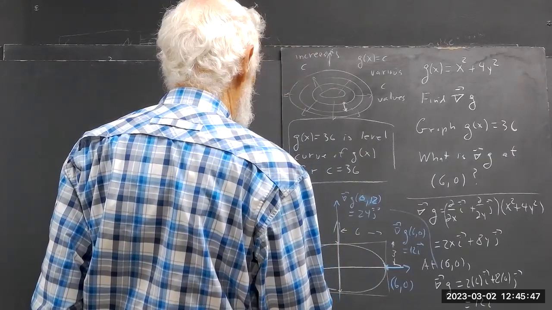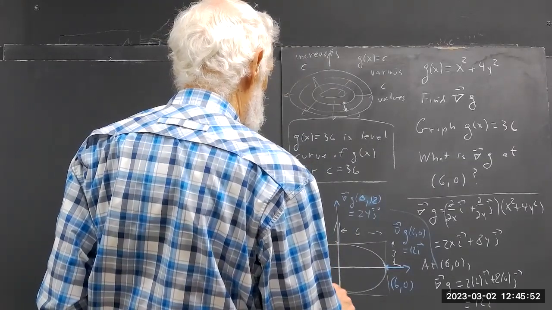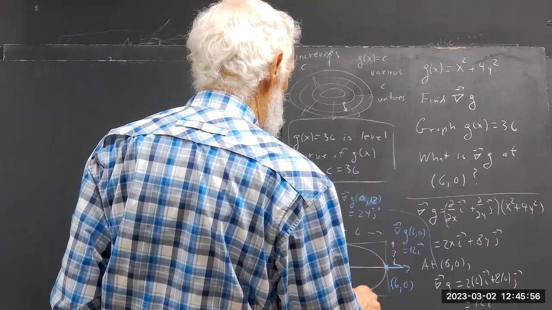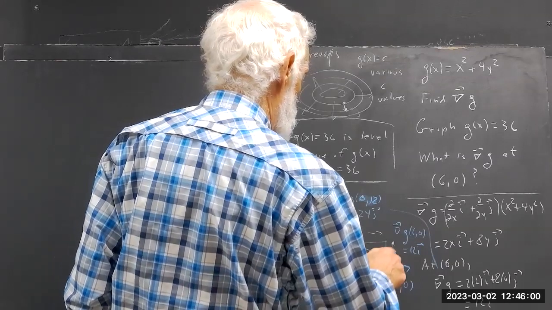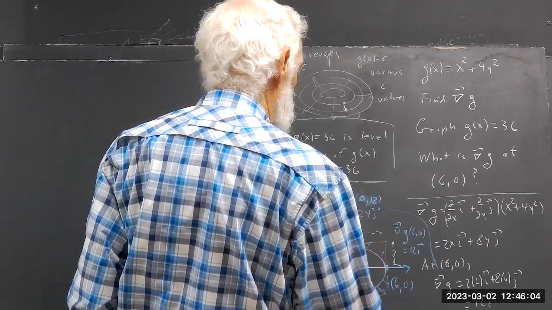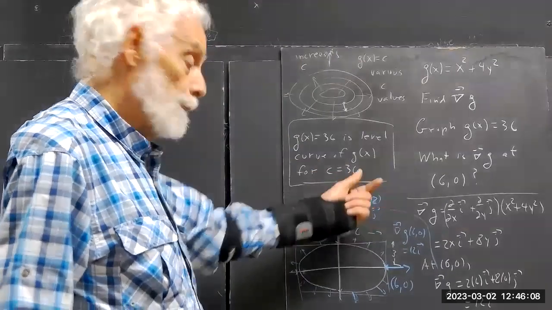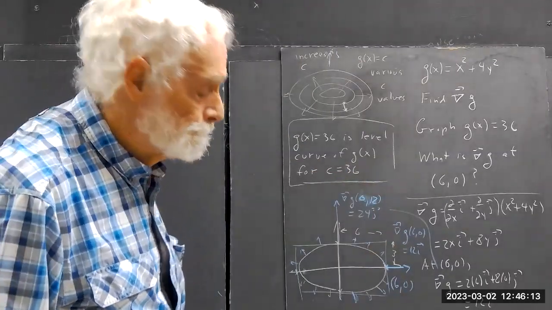We're going to come back to that when we talk about Lagrange multipliers, but I wanted to establish that right at the beginning, to at least more or less convince you that it's true. Now these vectors are shorter than those, but I'm just indicating the direction of the gradient.